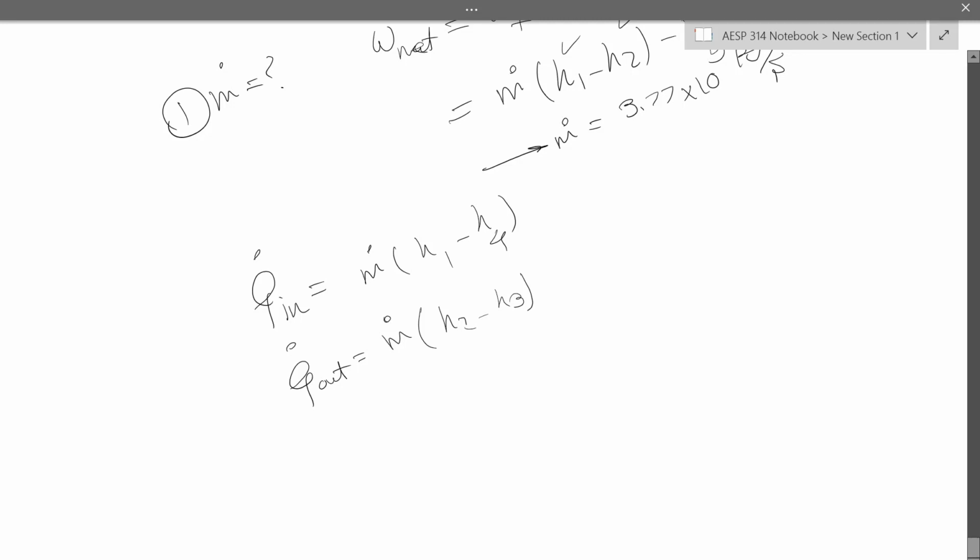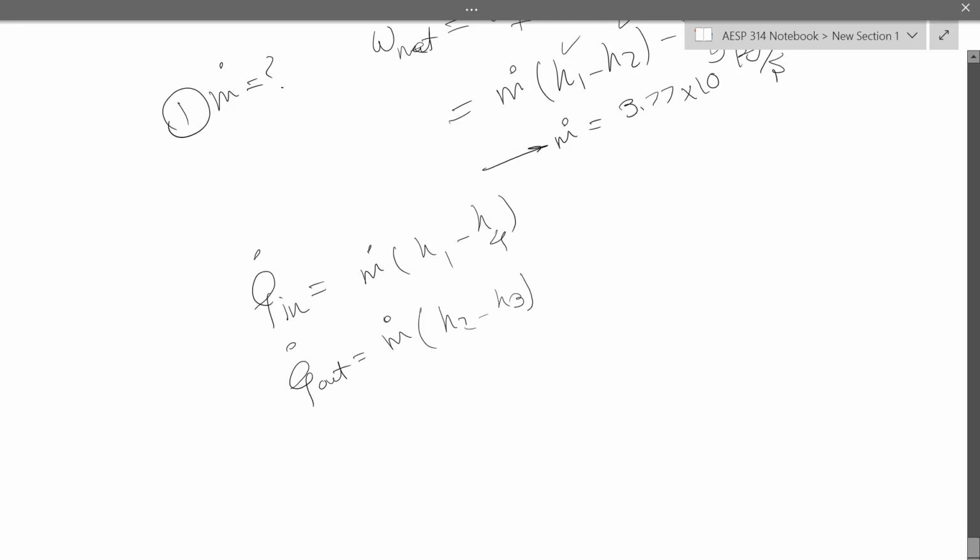These are two separate systems, so make sure not to confuse them. This is a different water. This is not your working fluid. It's the water that is responsible for cooling your vapor. That's part D, the last part. We are asked to find the mass flow rate of that cooling water.